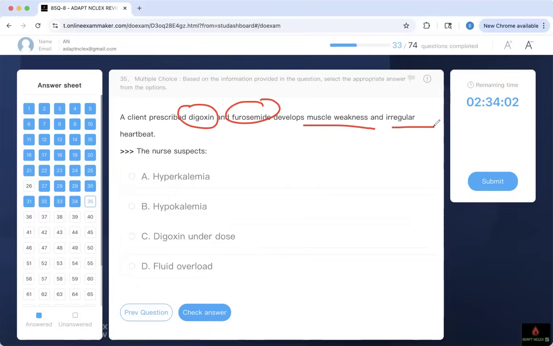It's a fluid electrolyte abnormality related to this pharmacology. You know what Digoxin does, and you know what furosemide does, right? Digoxin and furosemide work together, but they don't get along because furosemide causes low potassium. This low potassium can cause Digoxin toxicity. Patient is showing muscle weakness, irregular heartbeat.